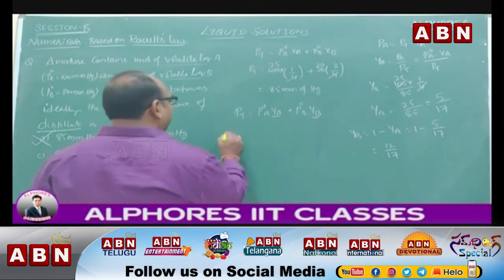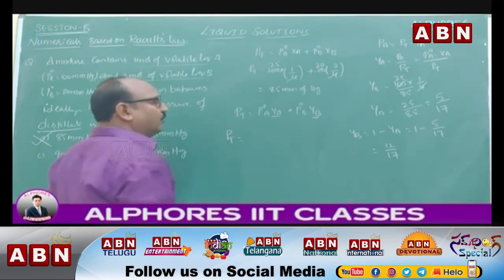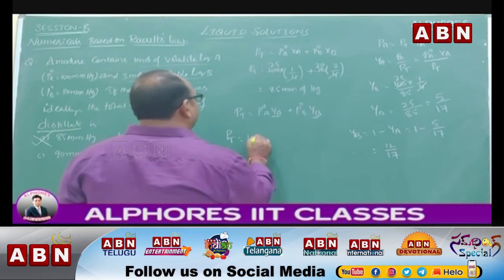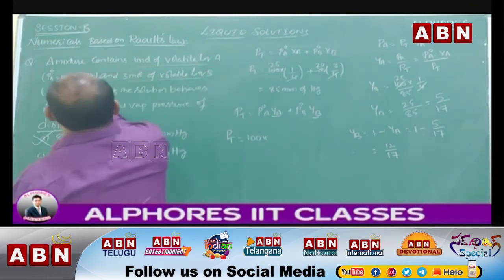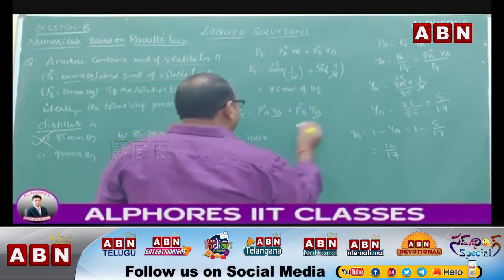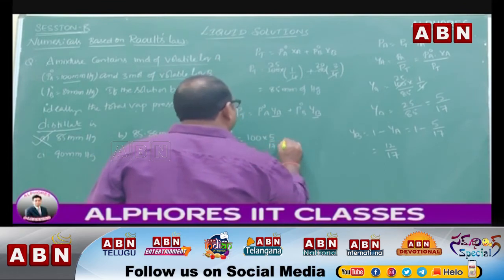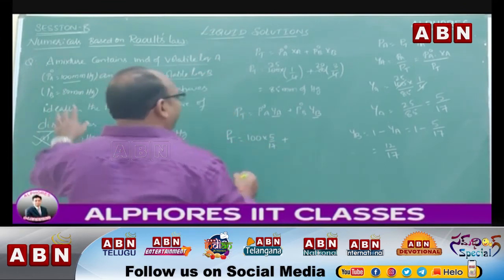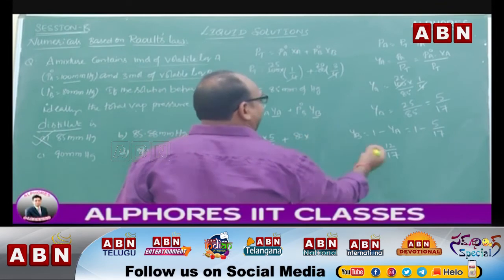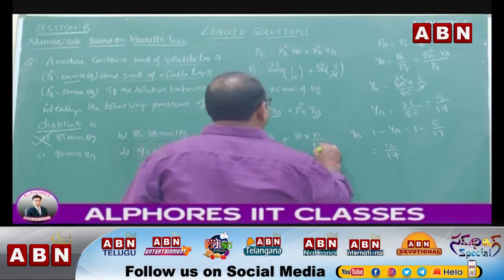Then the total pressure of distillate is equal to P naught A, which is 100, into YA value 5 by 17, plus P naught B, which is 80, into YB value 12 by 17.